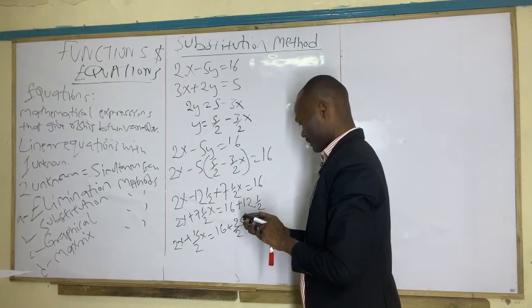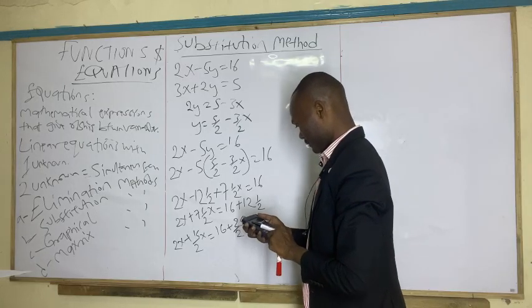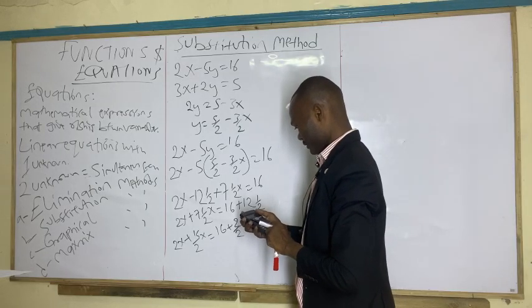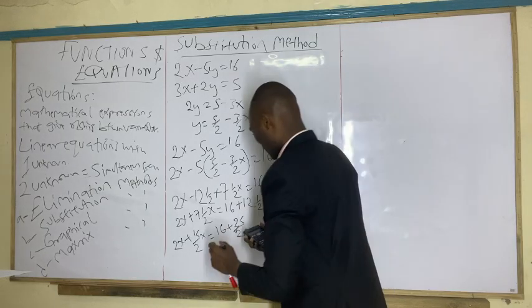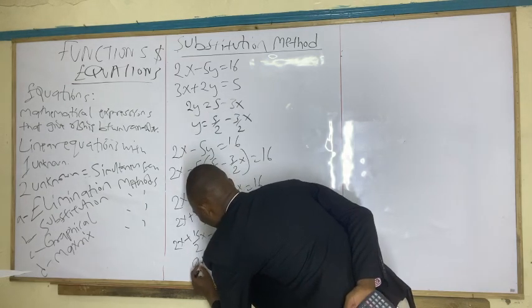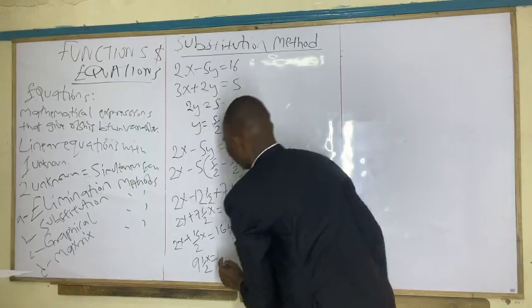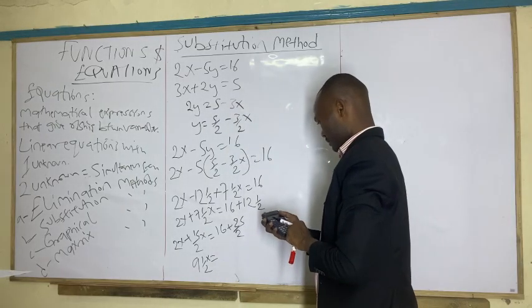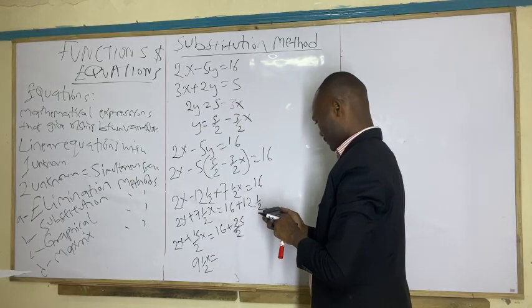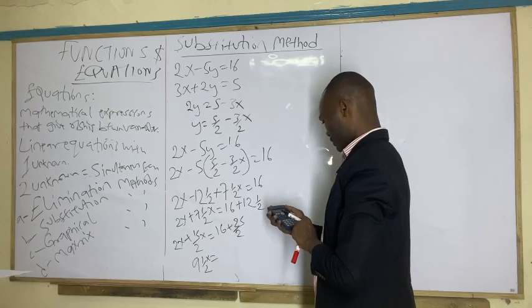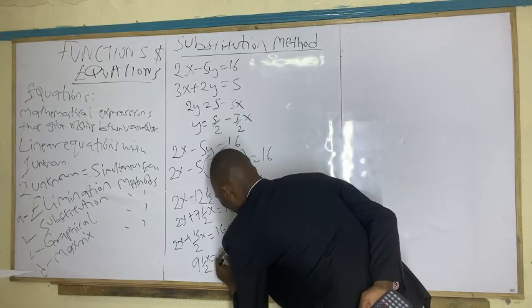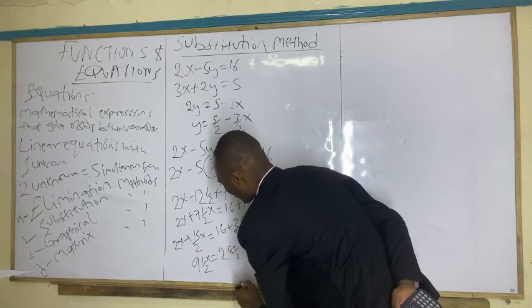So 2 plus 15 over 2 is equals to 9 and 1 over 2, is equals to x is equals to 16 plus 25 over 2, is 28 and 1 over 2.